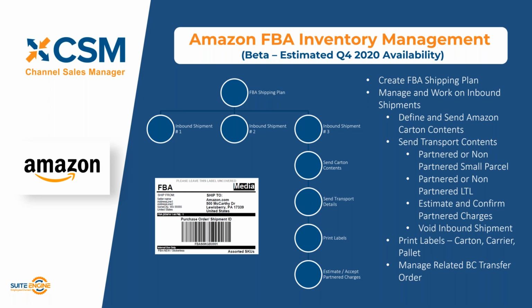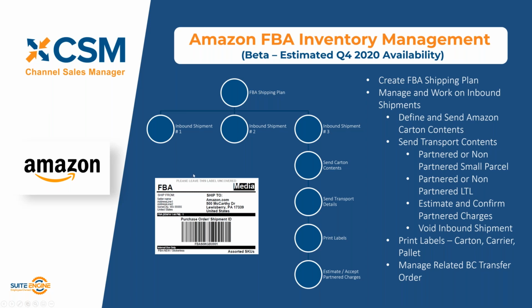So after we send them the details of what our shipment looks like, we can print the labels and they will estimate the charges for us. We can accept that charge, and then it will also provide you with the carrier labels that you need for that.